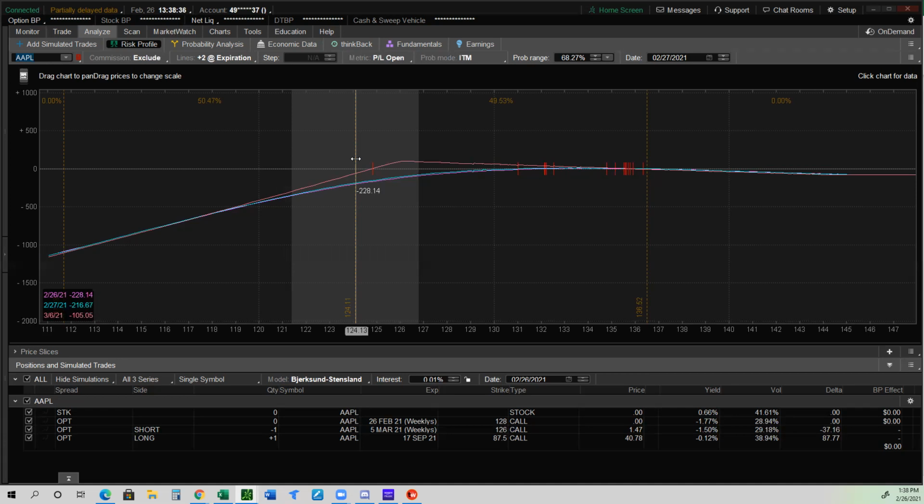So the net effect is I've rolled my short puts out a week, and I created a spread that will expire on expiration. That 60-cent short that I'm hanging on to that I want to keep, and then I've got a 10-cent long option to cover it.